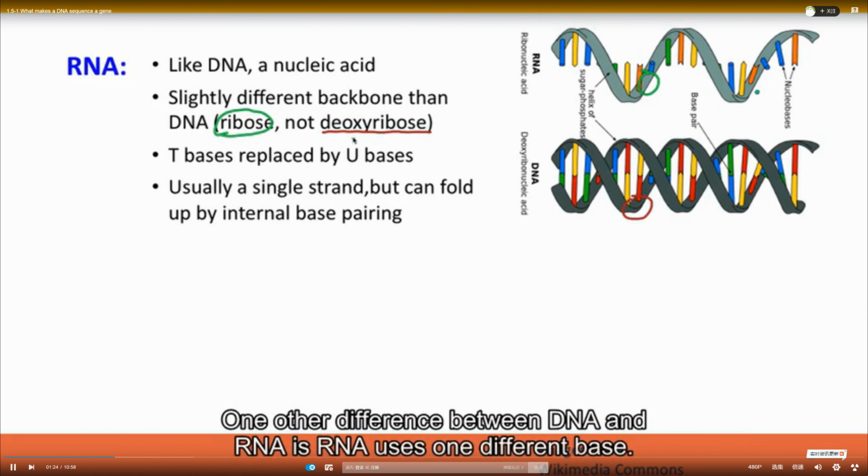One other difference between DNA and RNA is RNA uses one different base.